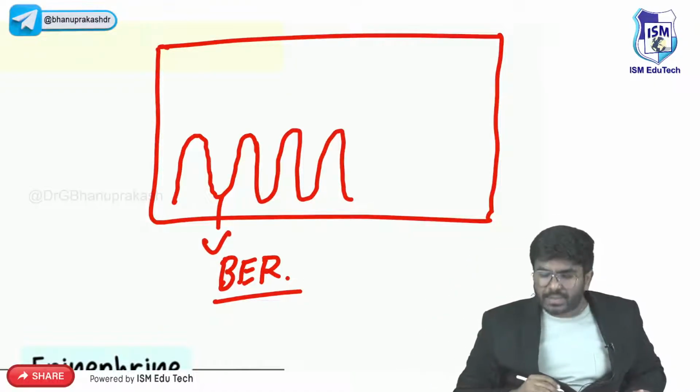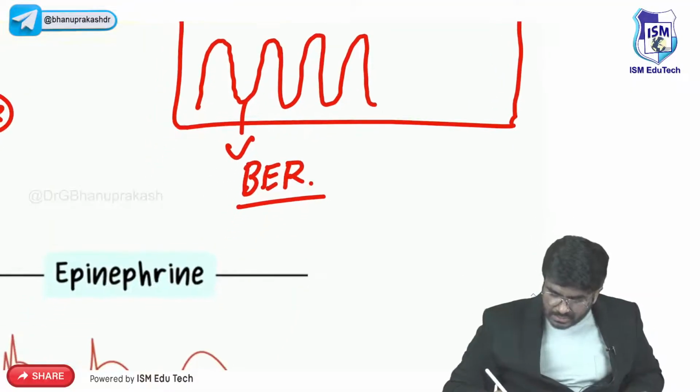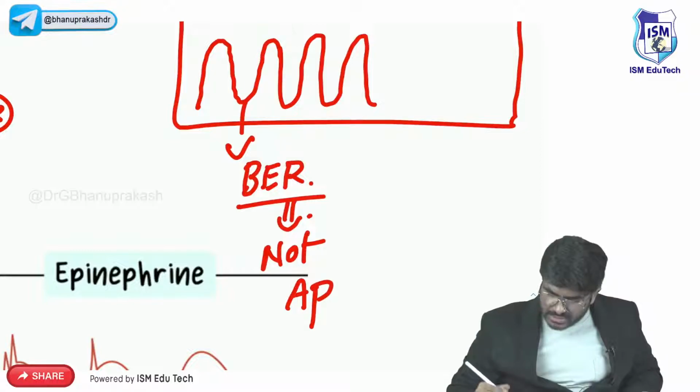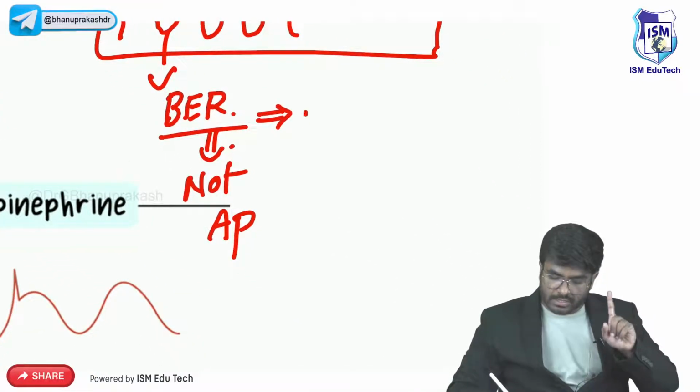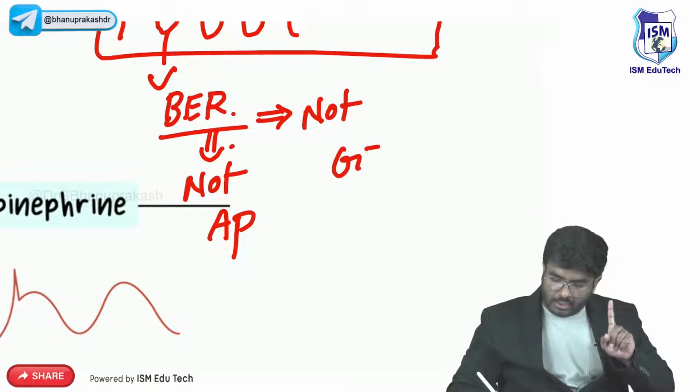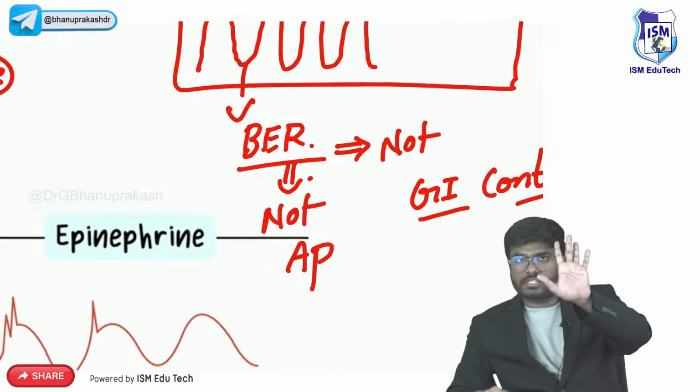MCQ: they are not action potentials, and they are not responsible for GIT contractions.